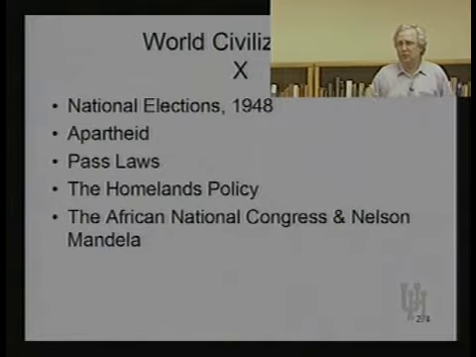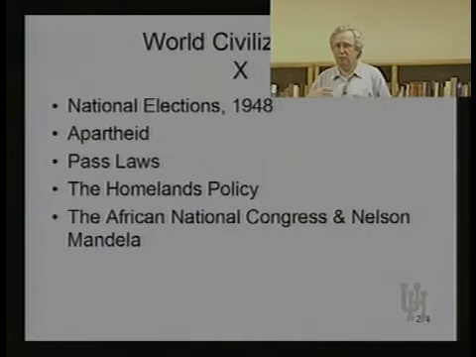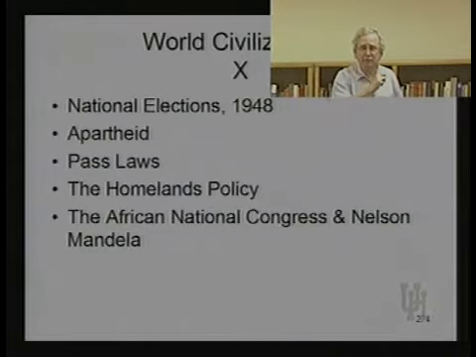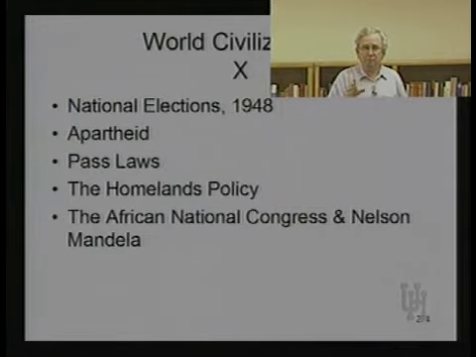If you're living in one city, you want to go visit your relatives in another, it might be just a 2-hour train ride, but you need a pass to show why you are going from one city to the other. And you can be sure you get on that train, the police are going to come through and they're going to be checking you to see if you have that pass. And if not, they'll arrest you. So this was a tightly controlled system.